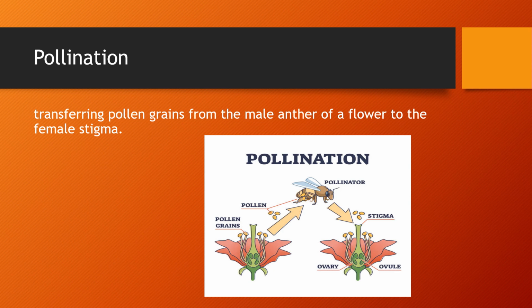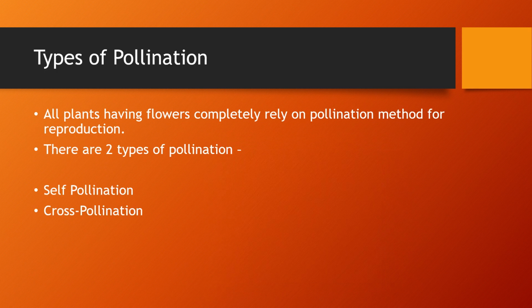Next, there are two main types of pollination. First, we discuss pollination. Pollination is the transfer of pollen grains from the male anther of a flower to the female stigma. There are two types of pollination: self-pollination and cross-pollination.